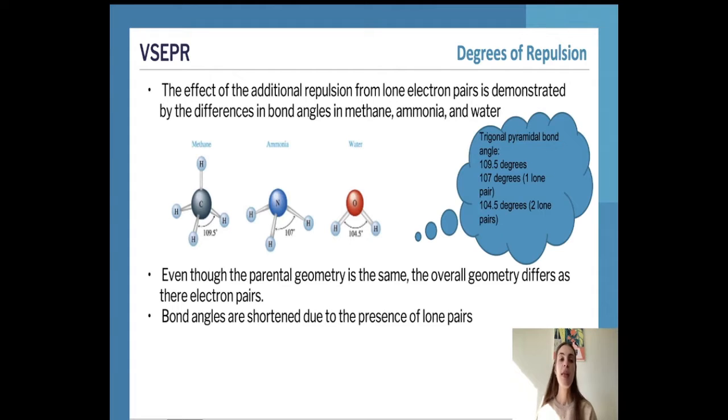This is because there are 4 hydrogen atoms surrounding the carbon atom, and there's no lone pair to repel them away, so it's going to result in the molecule being structurally even in its 3D structure.